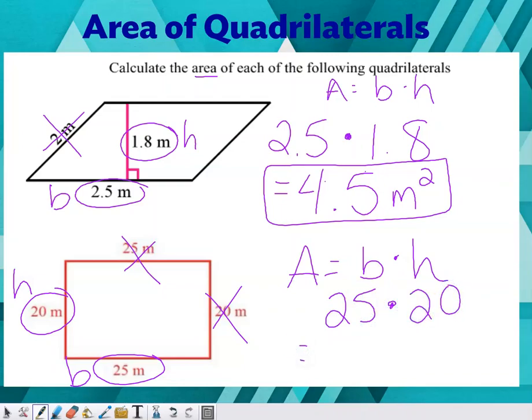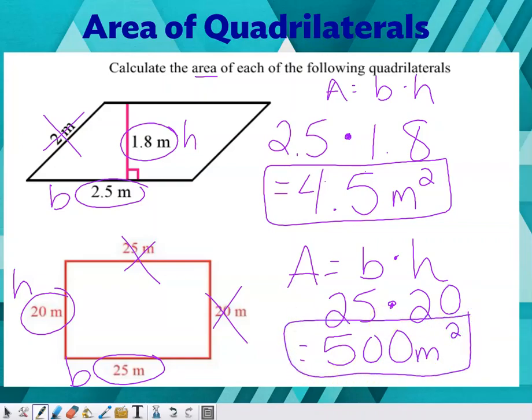And when I multiply that in my calculator, 25 times 20, I get 500 meters squared. We need that exponent every single time. That is our answer there. So when we're finding the area of quadrilaterals, so that's square, rectangle, or parallelogram, we do base times height, the bottom times the straight up and down side. Remember, not the slanted sides.